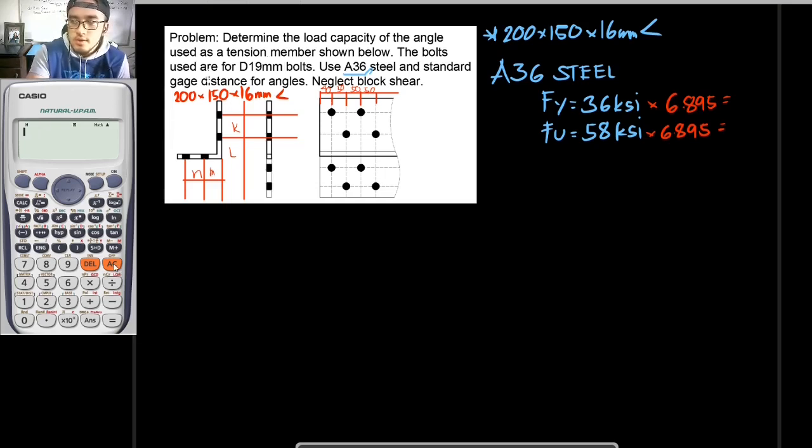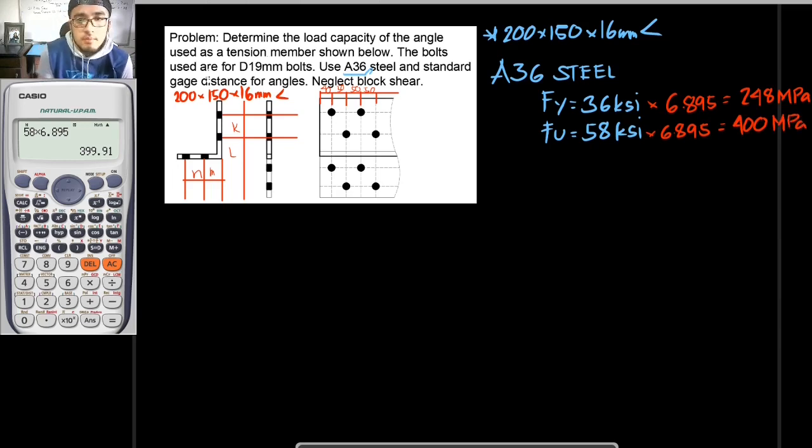So that is 36 times 6.895, which is 248 megapascals. And as for our Fu, that is 58 times 6.895, and that is 400 megapascals. Once again, I have rounded it to the nearest whole number.